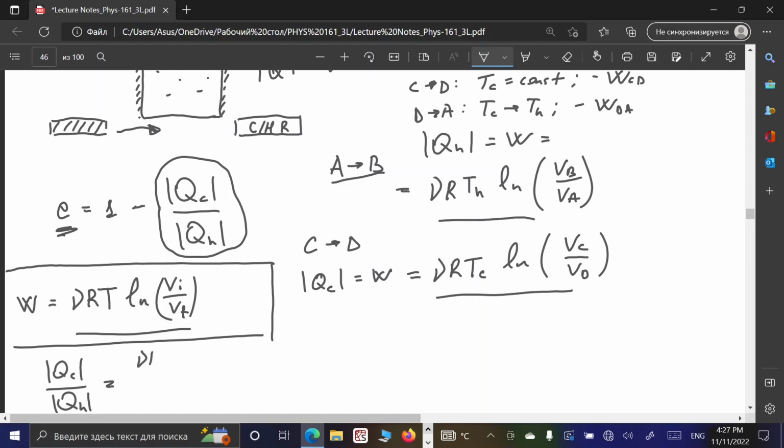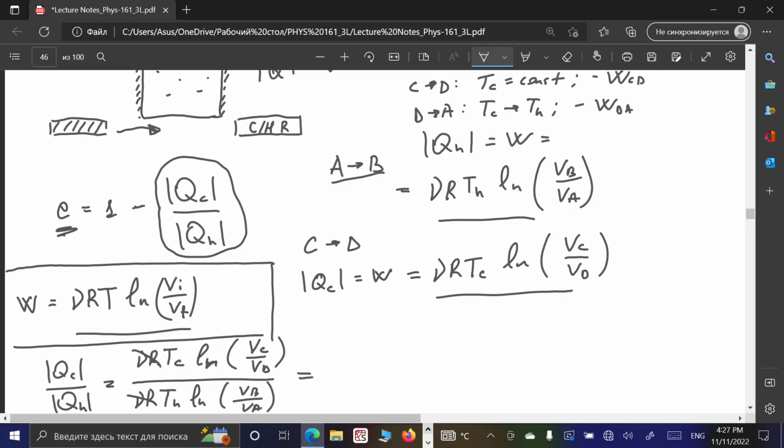So it will be nu times R Tc times the natural logarithm of Vc over Vd, divided by nu times R Th times the natural logarithm of Vb over Va.